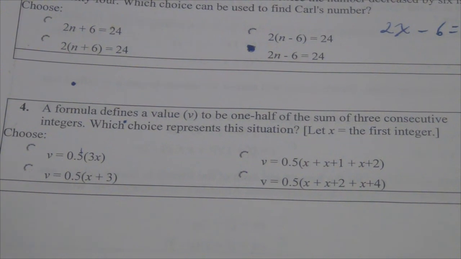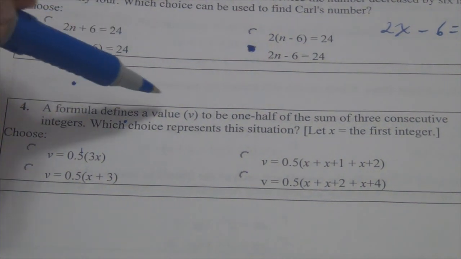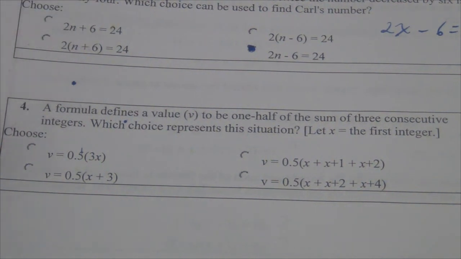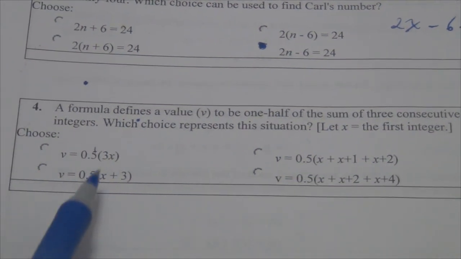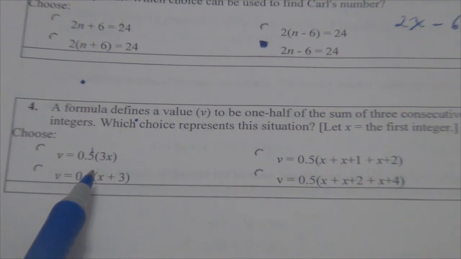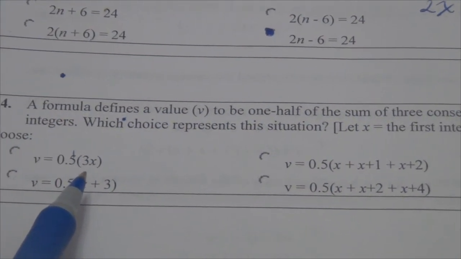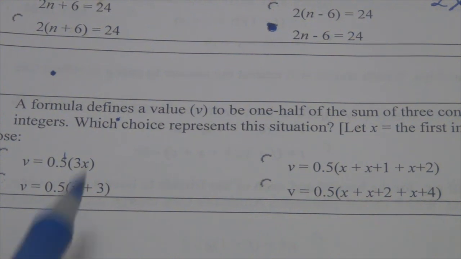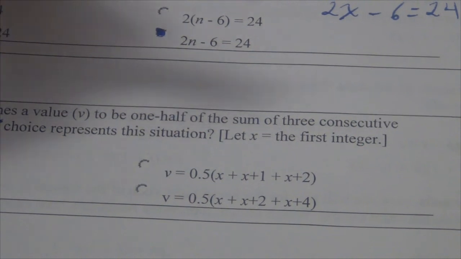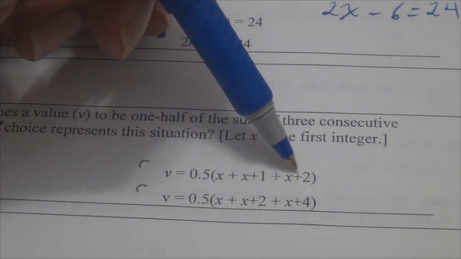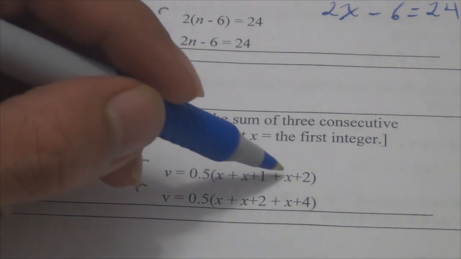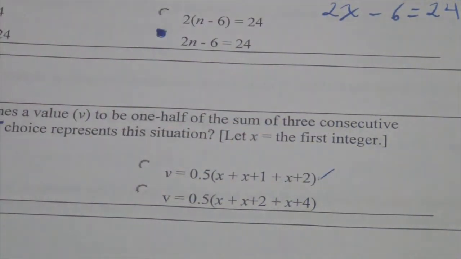It says that the formula defines a value v to be 1/2 of the sum of 3 consecutive integers. Is this the sum of 3 consecutive integers? No, right? Is this the sum of 3 consecutive integers? No, based on what we just saw. Is this the sum of 3 consecutive integers? x plus 1, x plus... Yes, so this could be one of our answers.